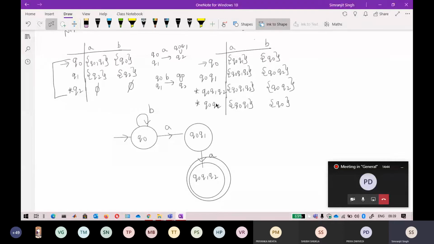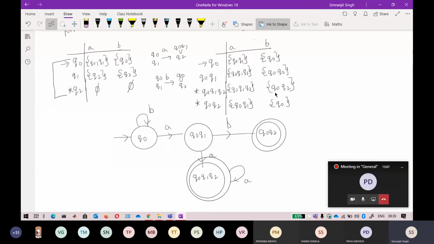On B it's going towards Q naught and Q2. So again, this is a final state, so I just write this circle. Now on Q naught, Q1, Q2, on A it is staying at Q naught, Q1, Q2.